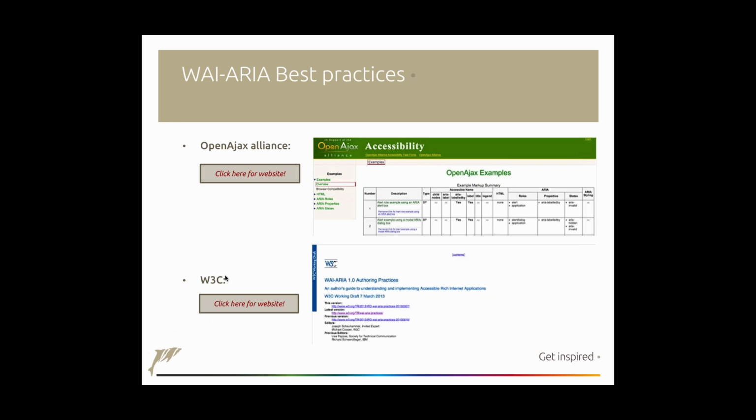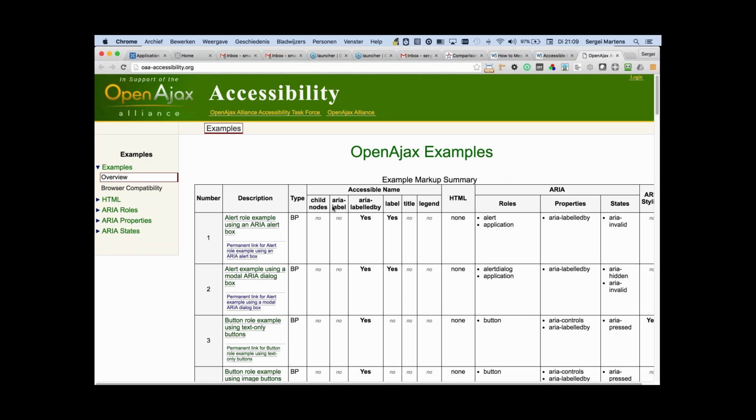One of the websites that really helped me a lot is the Open Ajax Accessibility website. This is a website with all kinds of examples on how to create complex user interface components. Why do I say complex? Because if you use normal interface components like just a link or just a button, you can be pretty sure to be accessible and 508 compliant.